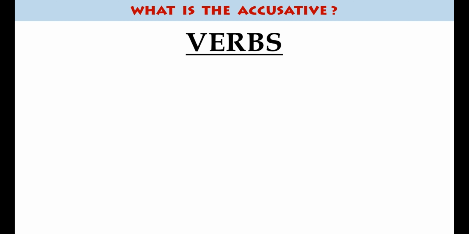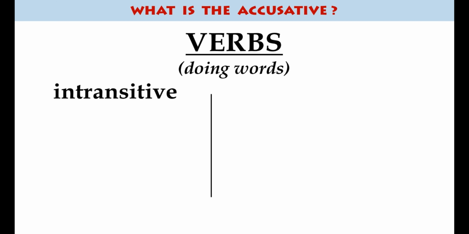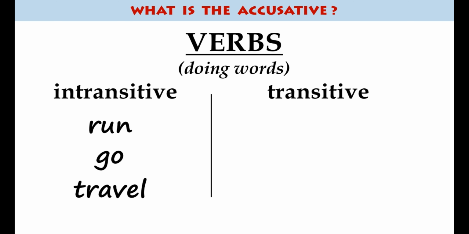Let's take this right back to some very basics. We've got two types of verbs in languages. We've got intransitive verbs, which are simply an action. Somebody is doing something. Running. I go. I travel. On the other hand, there's a second category of verbs called transitive verbs.